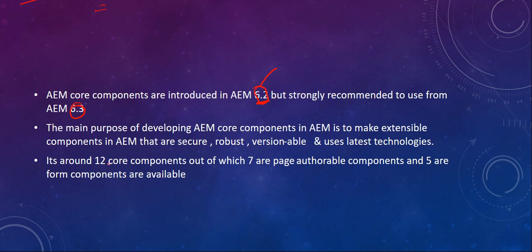The main purpose of the core component is that it is secure, secondly it is robust, and third it is versionable, and we are using the latest technology. Secure means we have the HTL language, HTL, and this HTL is written in HTML.